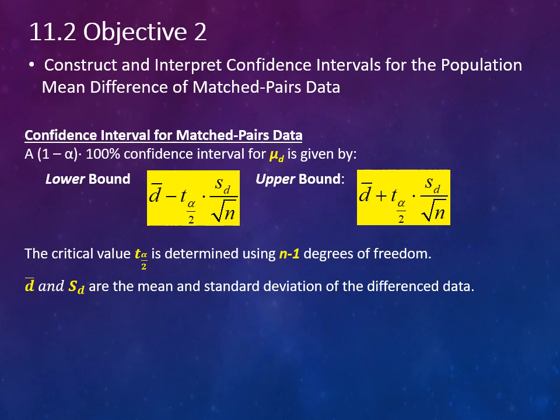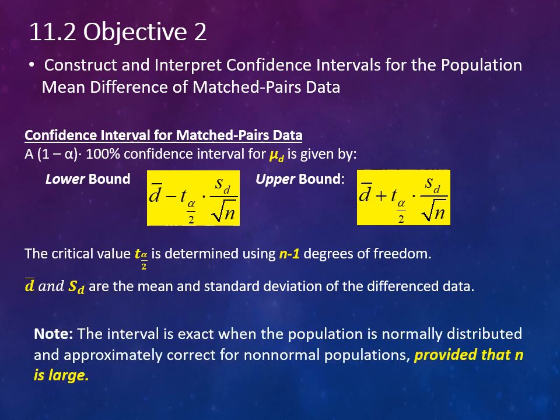The critical value t sub alpha over 2 is determined using n minus 1 degrees of freedom, and d bar and s sub d are the mean and standard deviation of the difference data, as we've seen in the previous examples.